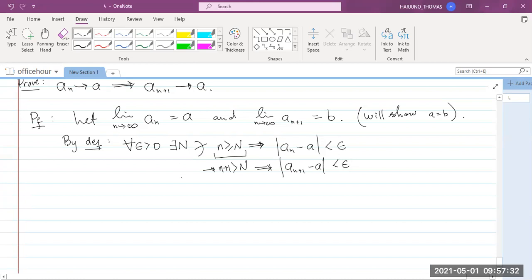Now suppose, going back to that definition, that n plus 1 is greater than or equal to another N, we get this situation. So we will let a new capital N be the maximum of N1 and N2.